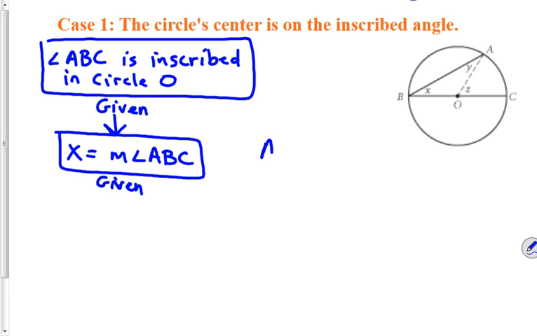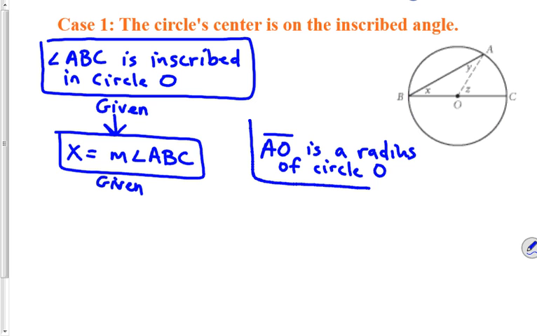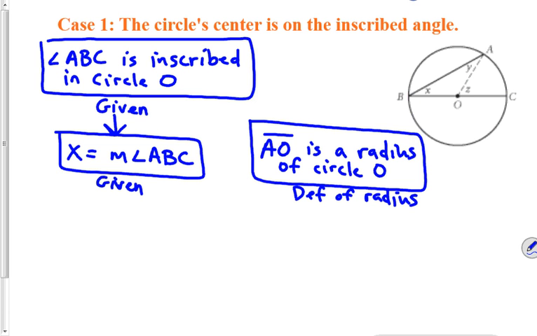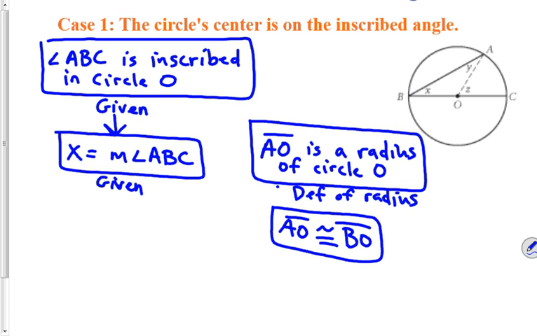So AO is a radius of circle O. Definition of radius. All right, so AO is congruent to BO. Arrow there.